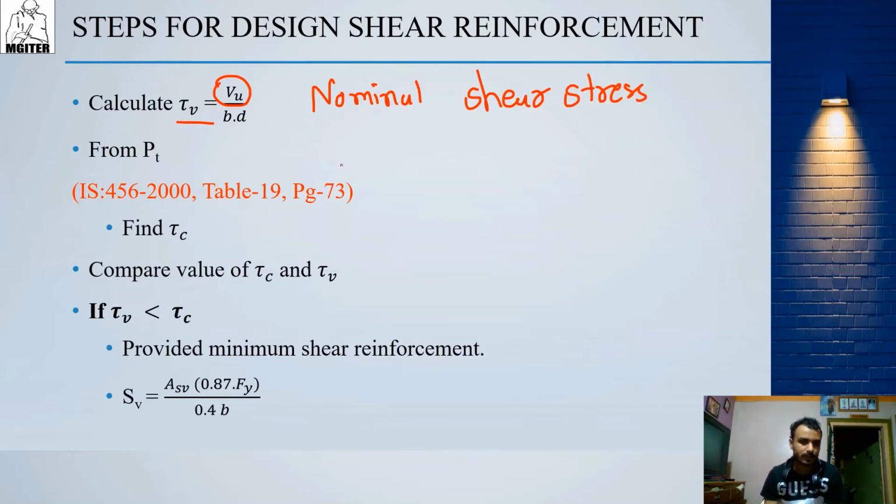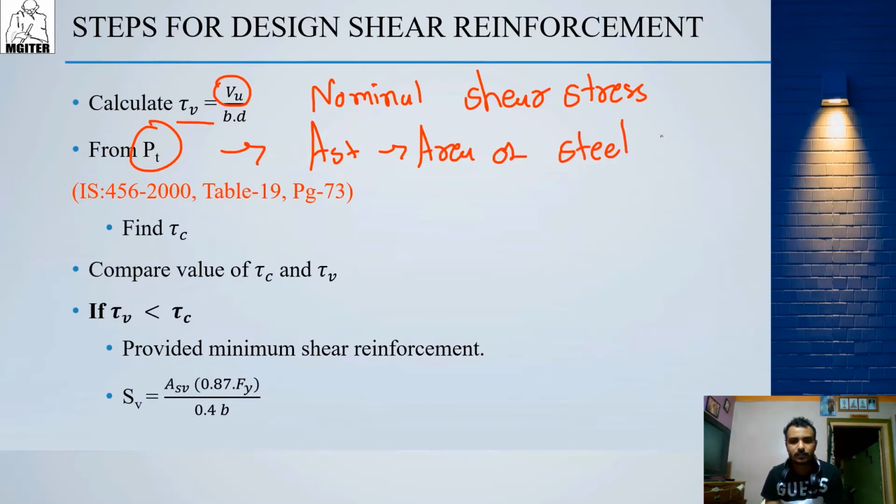After calculating tau v we have to find pt. We can find pt by Ast. Ast means area of steel in a tension zone.